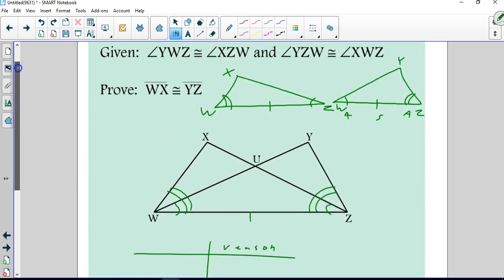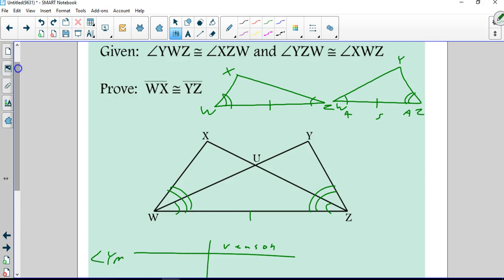So angle YWZ is congruent to angle XZW. And angle YZW is congruent to angle XWZ. And that's given.